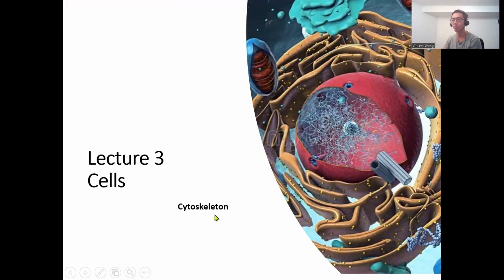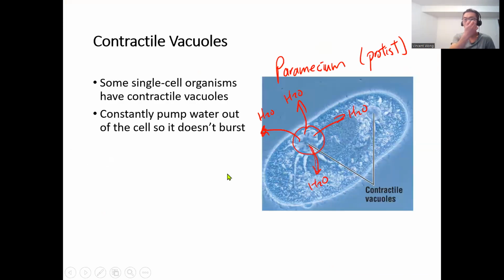Any questions before I move on to the last part here? Just a clarification. When we were doing the vacuoles, the contractile vacuoles, you said that is not found in plants, right? That's right. Not in plants, not in animals, just the protists. Okay, thank you.